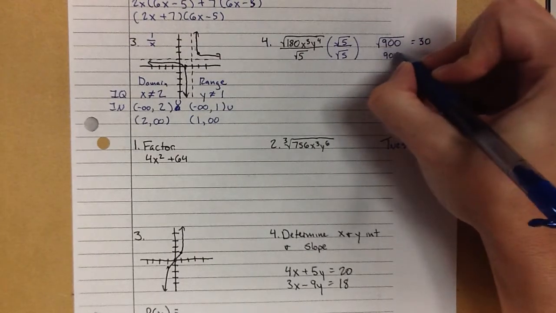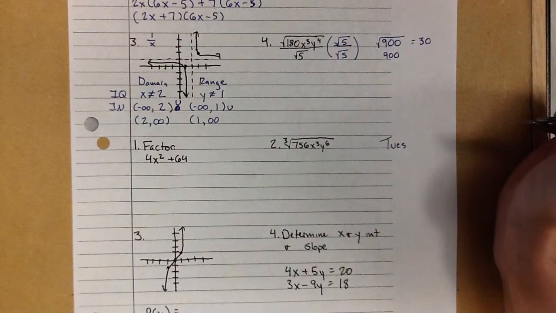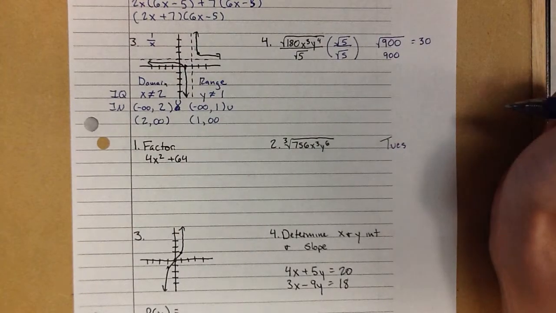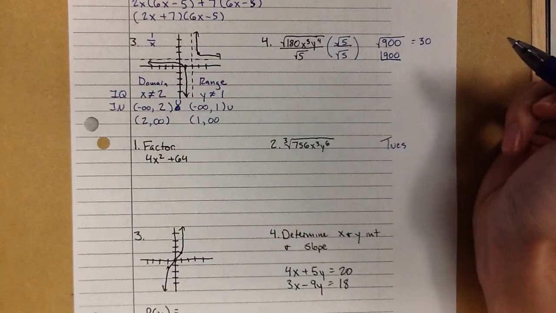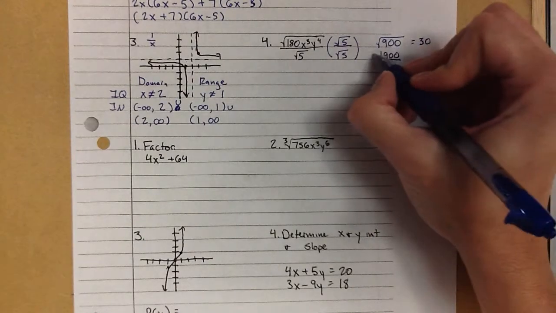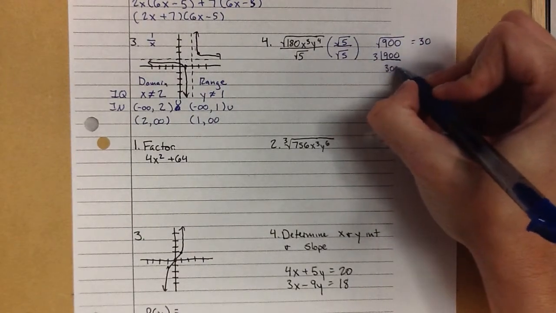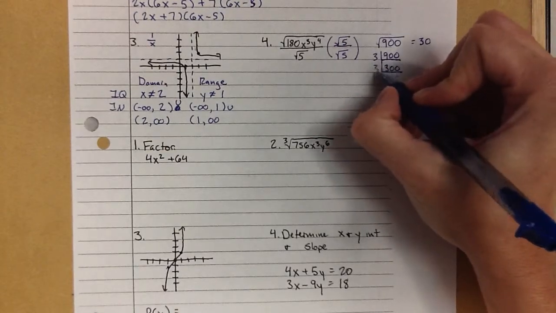But say you didn't know that. When I do prime factorization, what are some of the numbers I can use? 2, 3, 5, 7, 11. Which one should I take out of 900? 3, and then I'm at 300. Another one? 3, now I'm at 100.